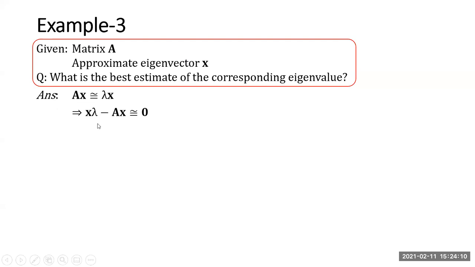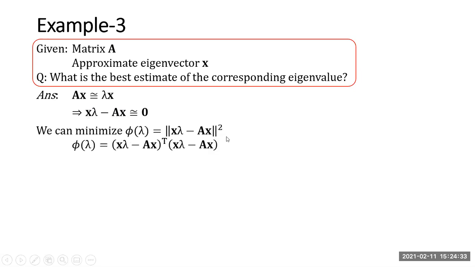Instead of lambda X, I'm writing X lambda minus AX is approximately equal to 0. We have to find lambda, right? So lambda is our variable. We have to minimize this function, the squared L2 norm of X lambda minus AX.